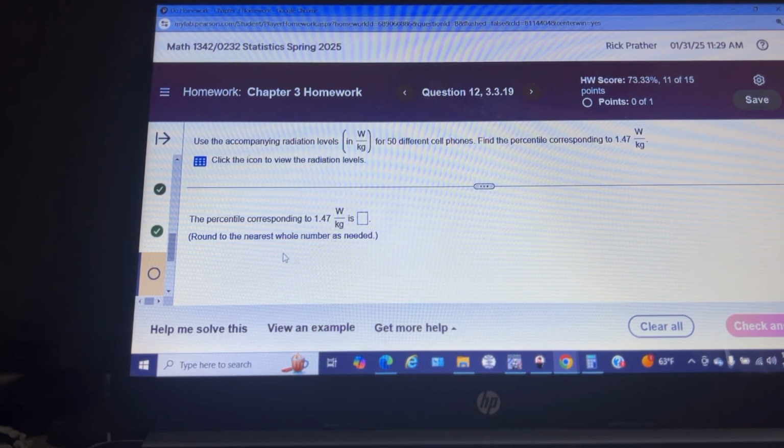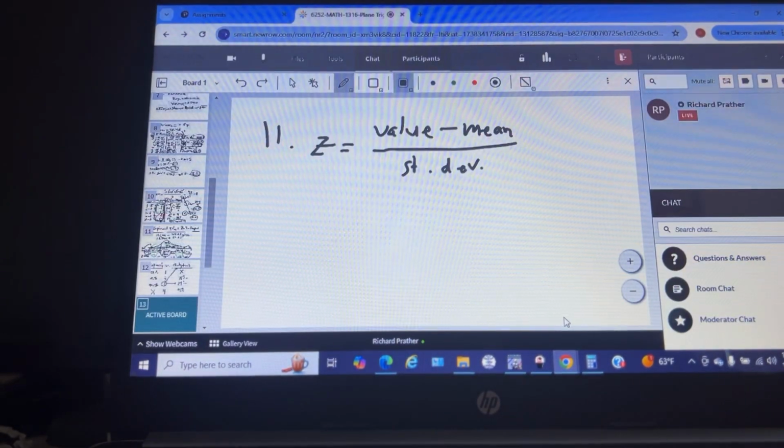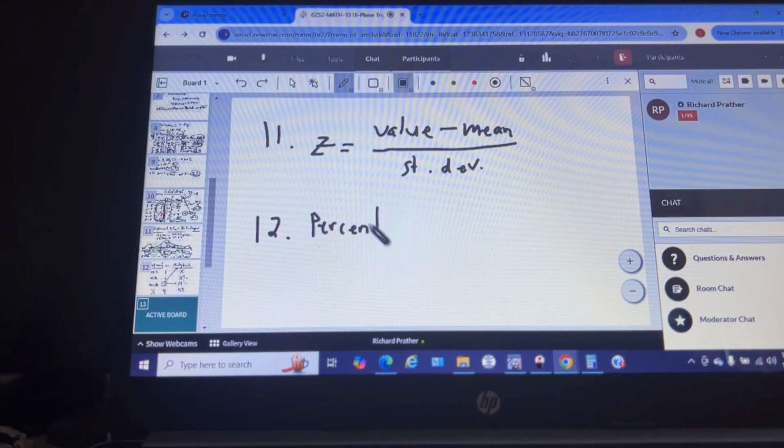Okay, the next thing we can do is what's called a percentile. Percentile tells you what percentage of people you are at or above.